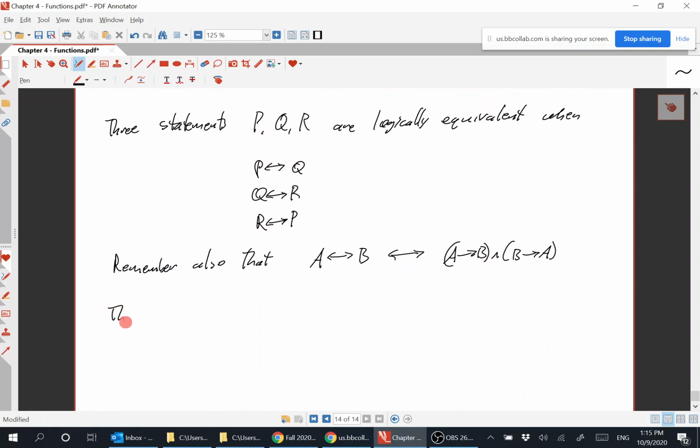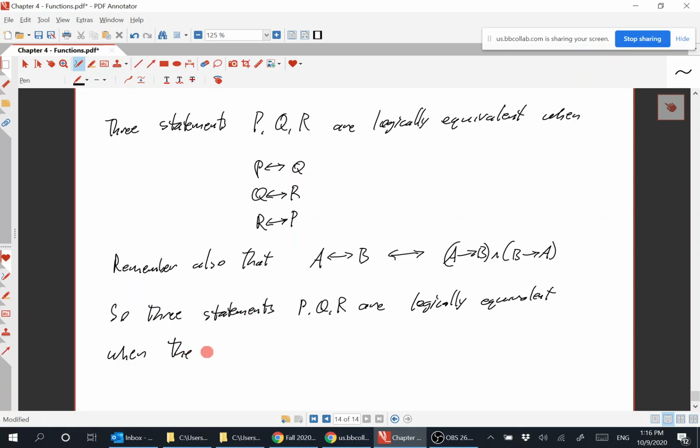So, 3 statements P, Q, and R are logically equivalent when the following are all true.